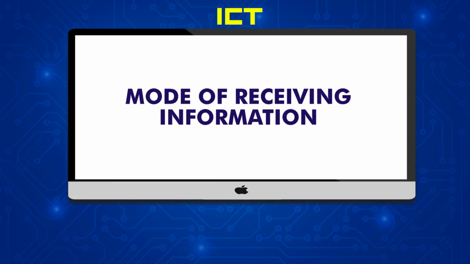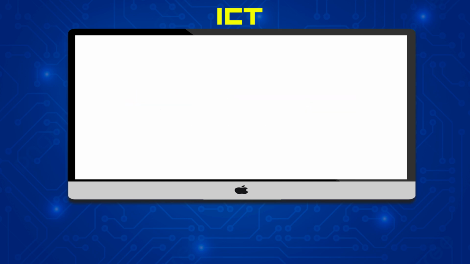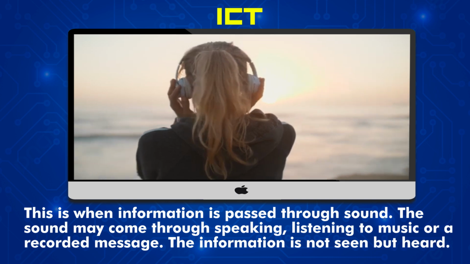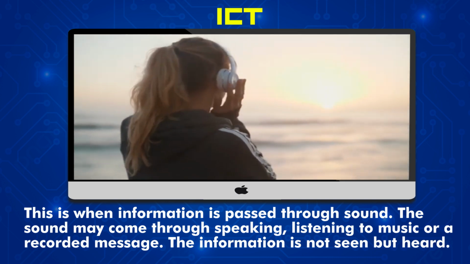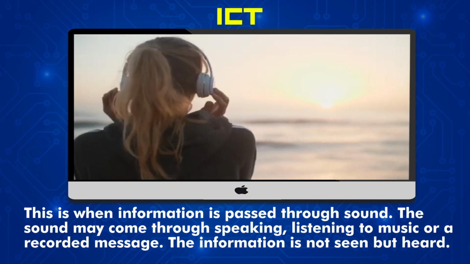Now let's look at the mode of receiving information, because these are what ICT gadgets engage in. Not only do they send information, they also receive information. Now, the first mode of receiving information include audio mode. This is when information is passed through sound.